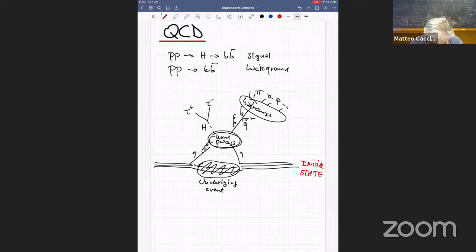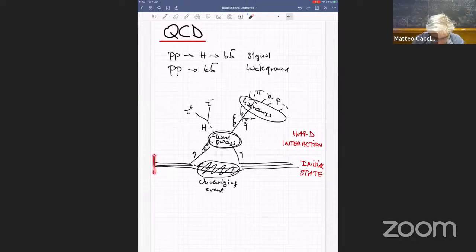Then there is also the hard interaction, where the high energy physics is produced. High energy physics that in this case may be the production of a Higgs, or simply the production of a quark or a gluon at very high transverse momentum.